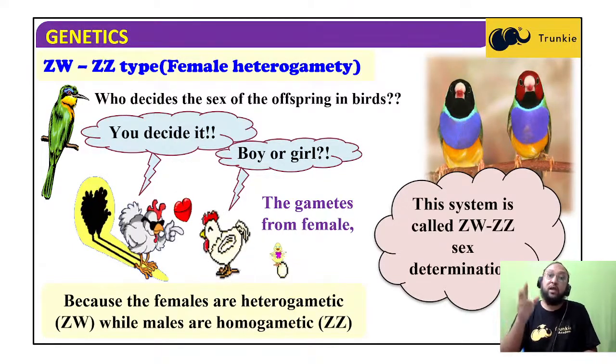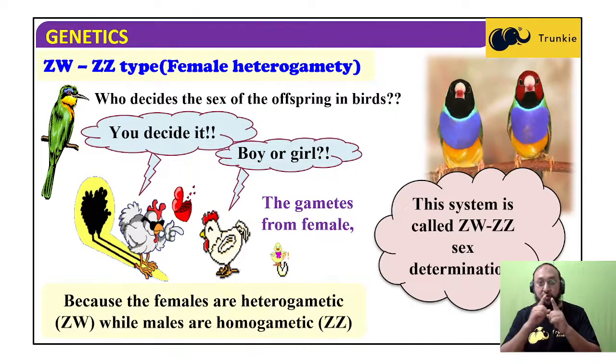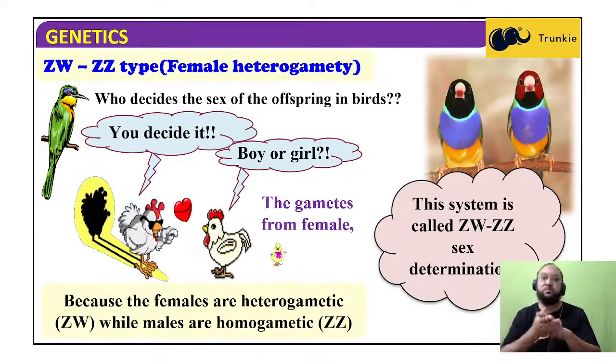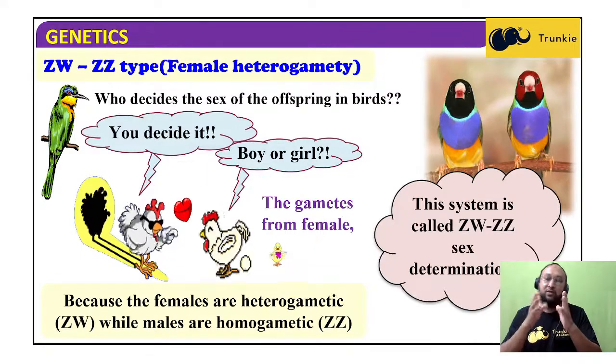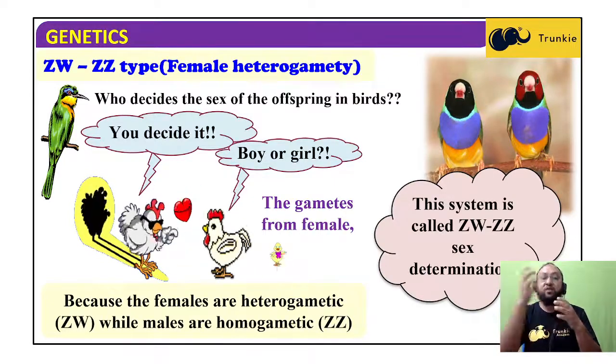Here it's not unpaired, it's paired, but it's heterogametic with a different chromosome. Try to understand it. In the Z0 and ZZ type, there was only one chromosome in the case of heterogamety, but here there is no missing chromosome. The Z chromosome is there, and then another sex chromosome is there.